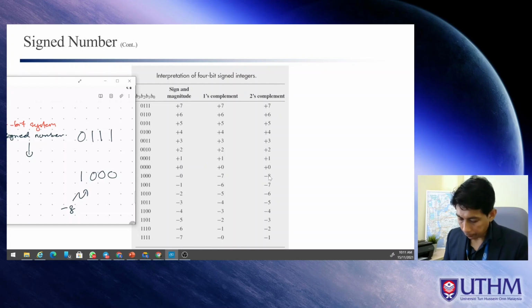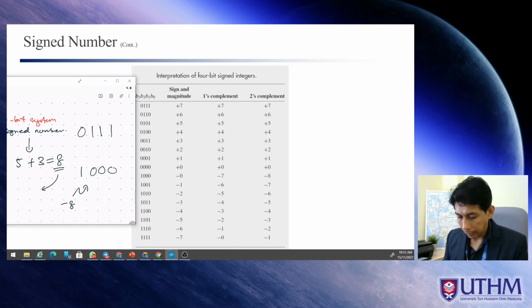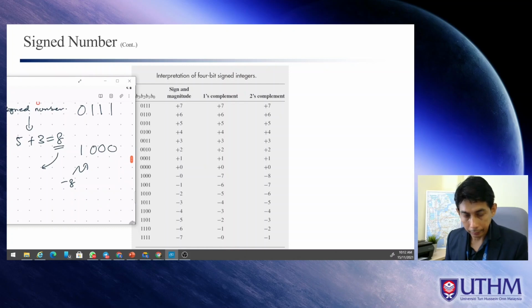What if we have something like this? We have positive 5 plus positive 3, or 5 plus 3. So the result is 8. All right, so 8 in binary is 1000.